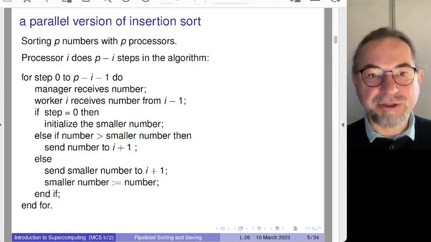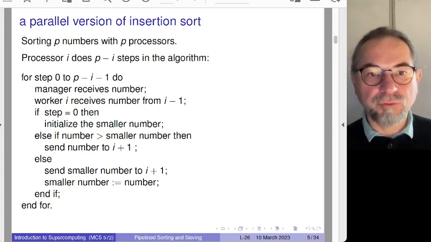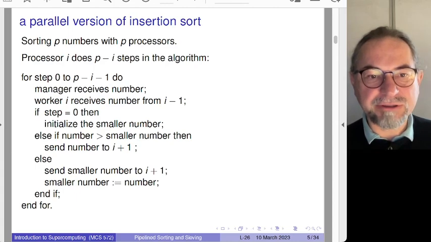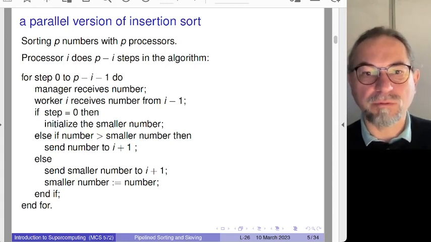Otherwise, one compares the new number to the number that is stored at the node. So the smaller number of the two will be kept, and the larger number will be sent to the next processor. I'm running this program with a sequence of numbers that is equal to the number of processors. So there is no overflow here.